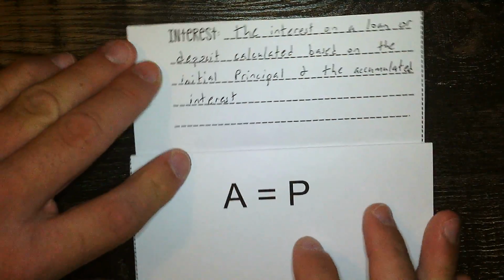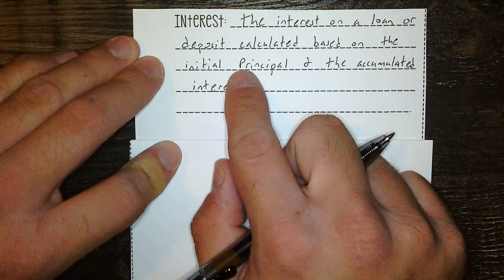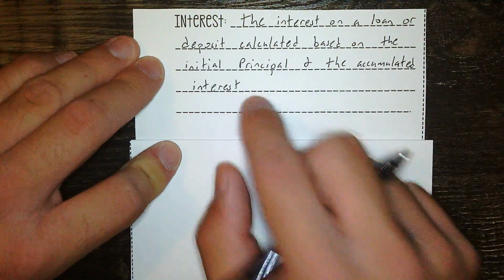So basically what this formula already does for you, so before I move on, the interest on a loan or deposit calculated based on the initial principal and the accumulated interest.